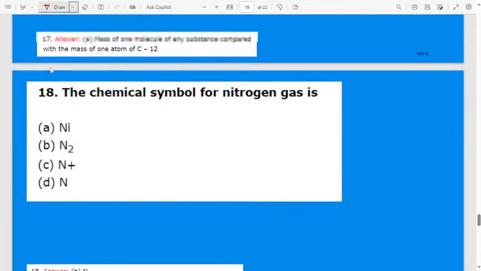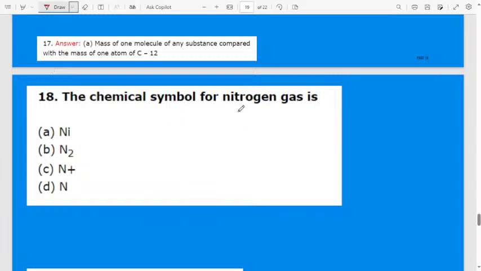Yes, next one. The chemical symbol for nitrogen gas, they are asking. What is the chemical symbol for nitrogen gas? Option A, Ni. No, this is nickel. Option B, N2. Option C, N plus.